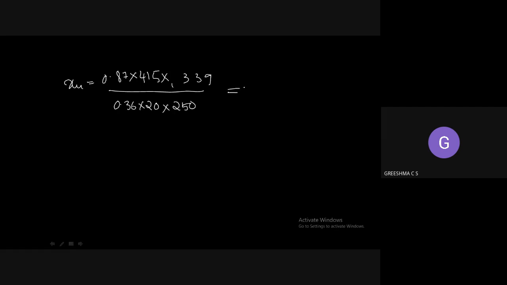So substitute. xu is equal to 0.87 into 415 into Ast, that is 339, divided by 0.36 into fck, which is 20, into 250. How much are you getting for the xu value?